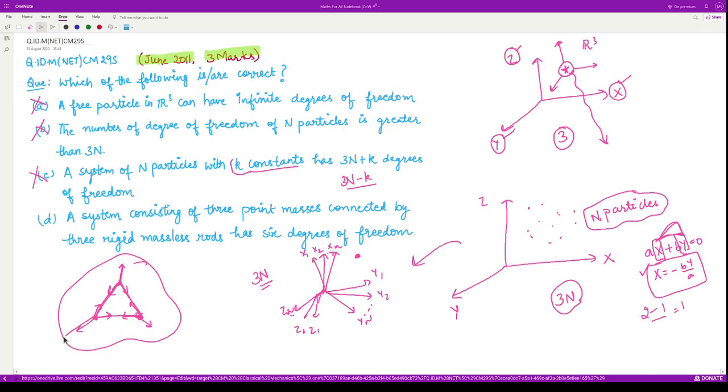Can you see, this is one direction, this is second direction, this is third direction, this is fourth direction, this is fifth direction, and this is the sixth direction. So overall 6 degrees of freedom are required to specify a system of 3 point masses which are connected by 3 rigid massless rods. So option D is the correct option.